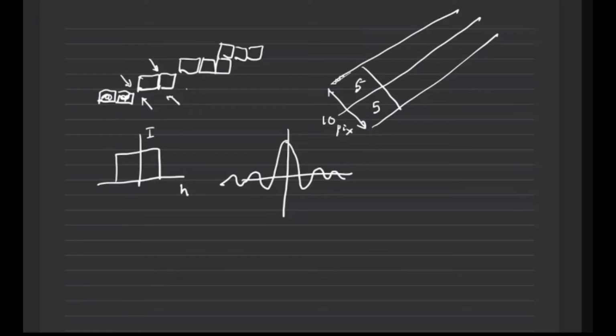A sinc function is something of this kind, where the function is equal to sine of h upon h. Right. So this is a sinc function, but a sinc function is not so good, because what you see is that here it is becoming negative.